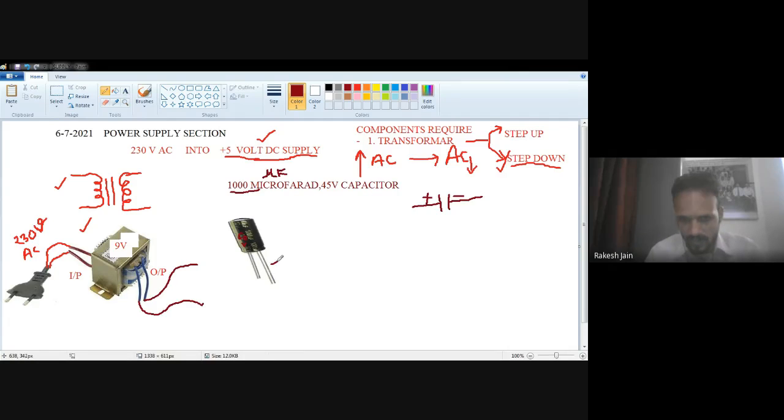The long terminal is the plus terminal and the short terminal is the minus. Remember this. Otherwise, minus is indicated here. See this one again. One side, minus is indicated on the body. This one is minus. This one is minus. This one is minus. So this is the minus terminal. Otherwise, the long terminal is the plus terminal and the short terminal is the minus terminal.